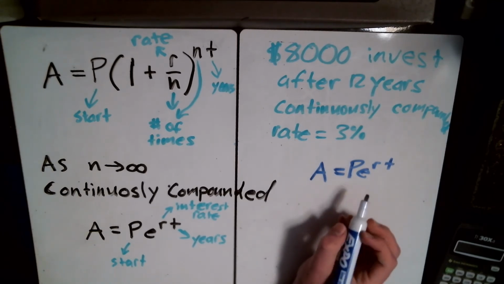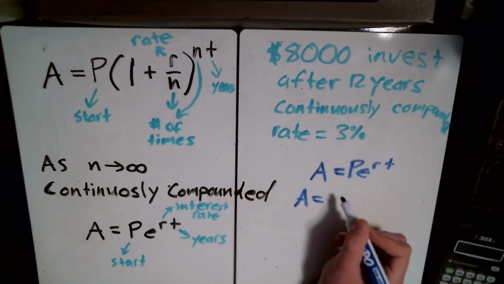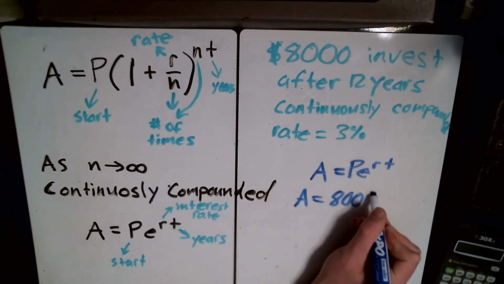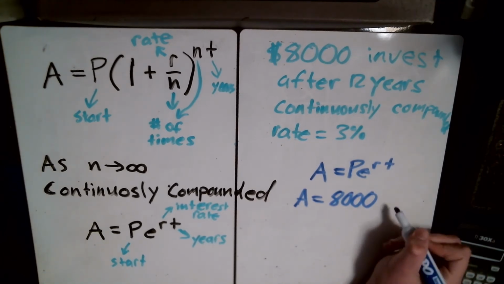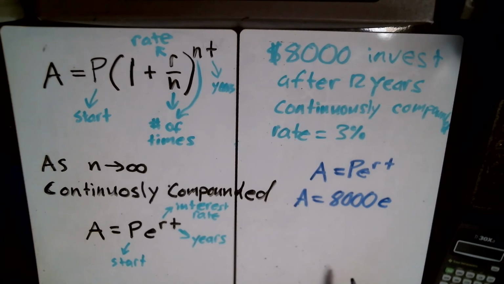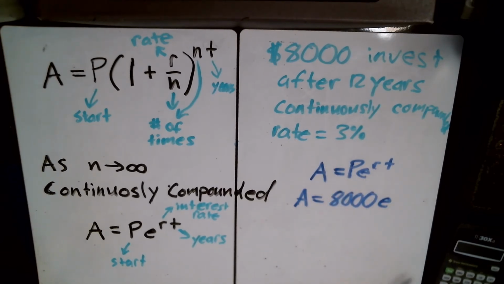The total amount is what we're trying to find. Our initial starting amount is $8,000, so that's what P is. We plug that in. And e is the number e, so we don't plug anything in for it. The r is the interest rate, which is 3%.